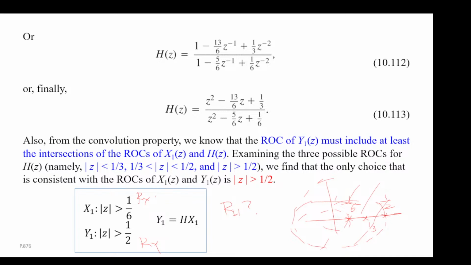Then we look at the intersection between R sub x and R sub h. If R sub h is less than 1 over 3, then it has an intersection between 1 over 6 and 1 over 3. But that's not inside R sub y, so that's impossible, because R sub y must include every intersection between R sub x and R sub h.